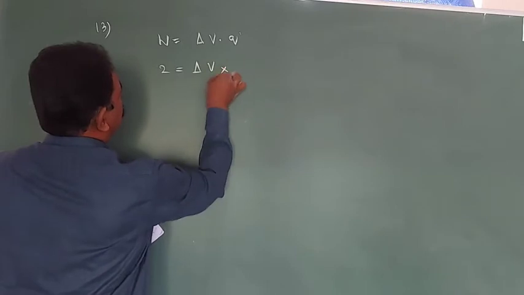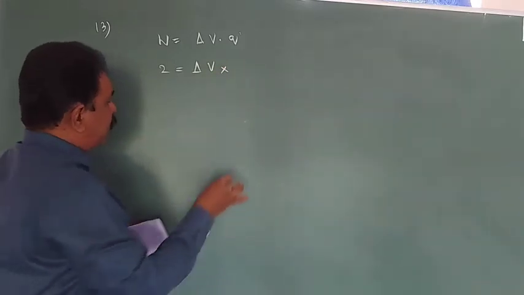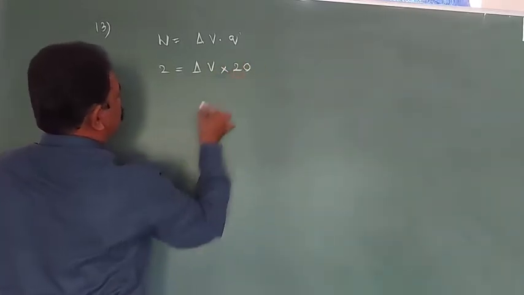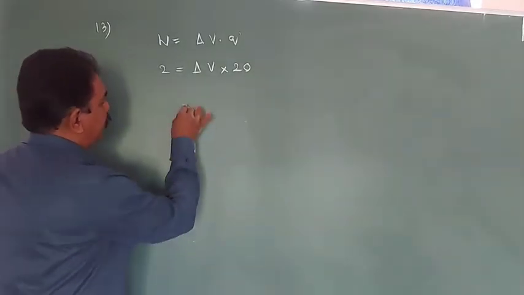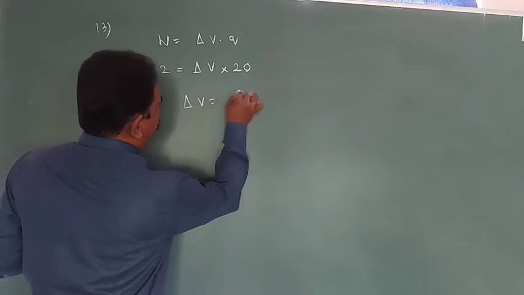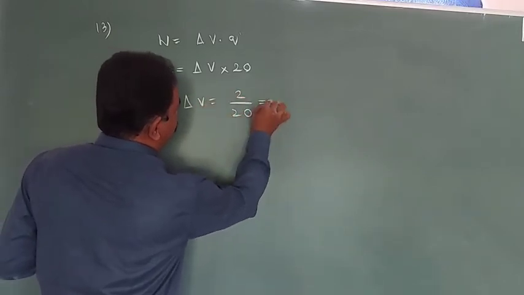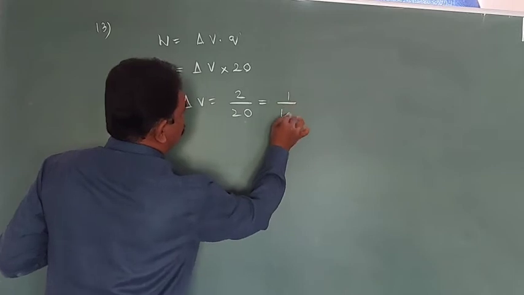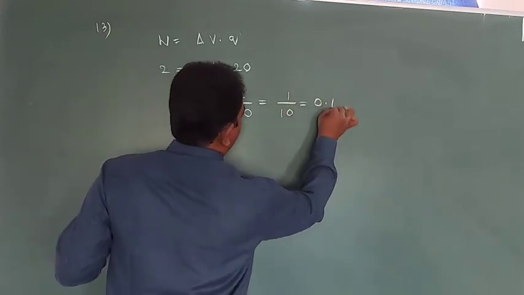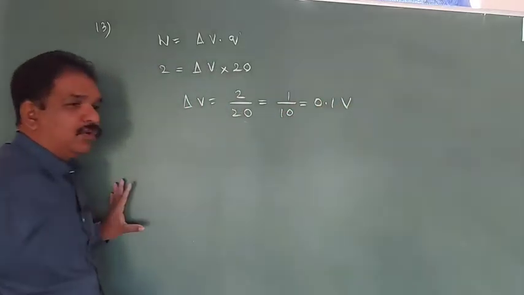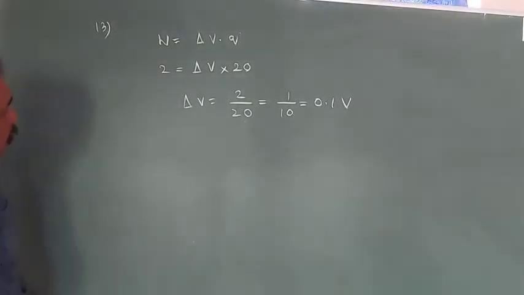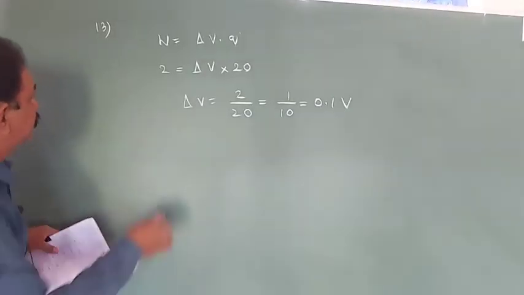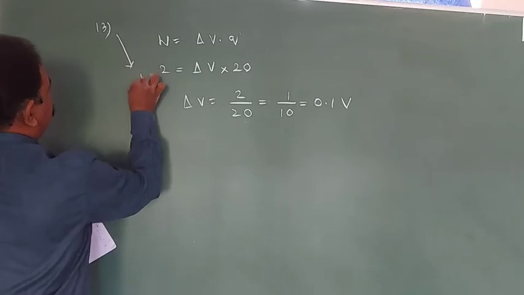Delta V we have to calculate; they moved 20 coulomb. So if we calculate the potential difference, delta V will be 2 by 20, means 1 by 10, this value will be 0.1 volt. Clear? So what will be the option for this? 13, it will be the first option.